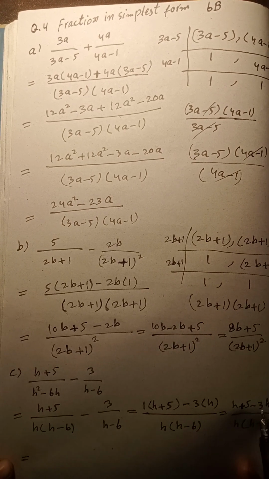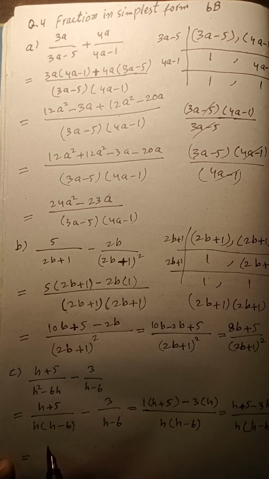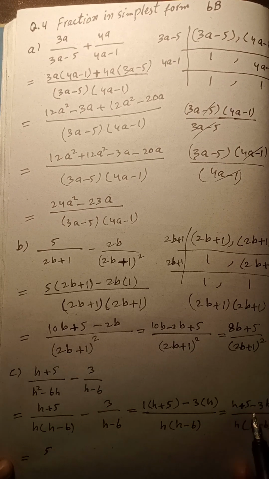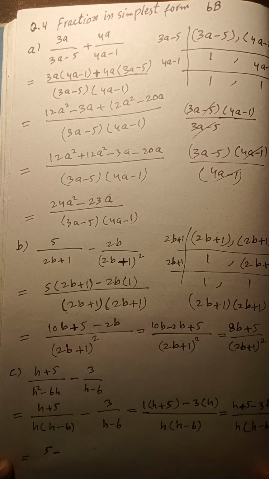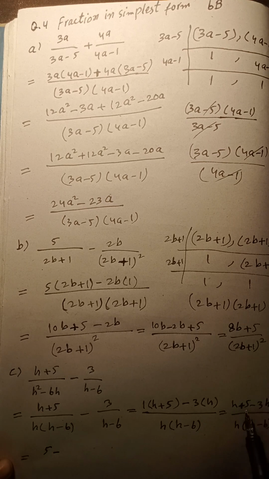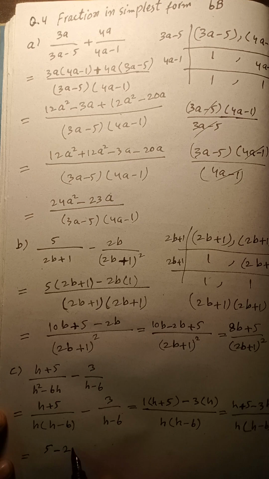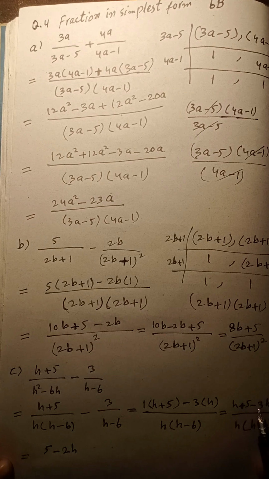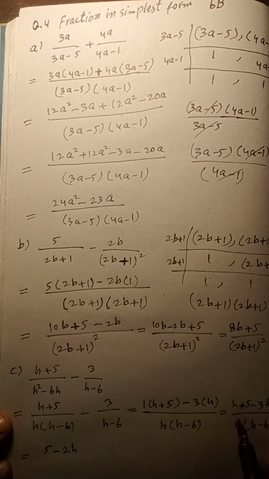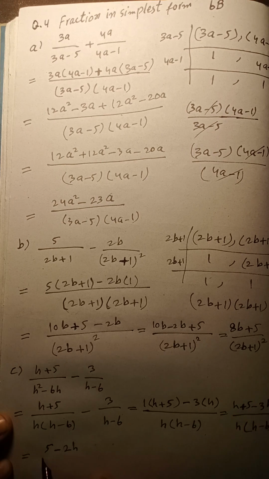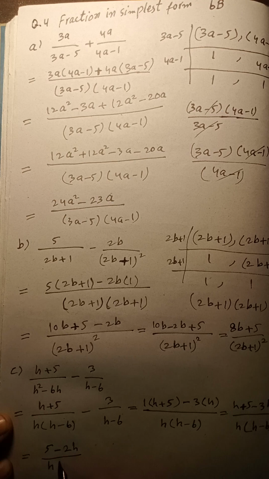Subtract this h from minus 3h. 5 minus, when 3h is subtracted by h, the answer will remain minus 2h, because minus 3h is subtracted by 1h. The answer is minus 2h, over h into h minus 6.